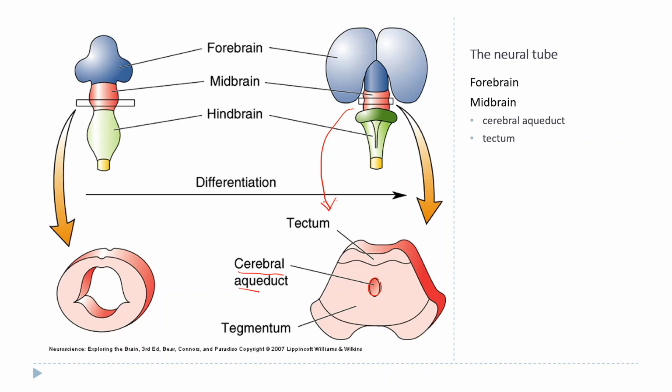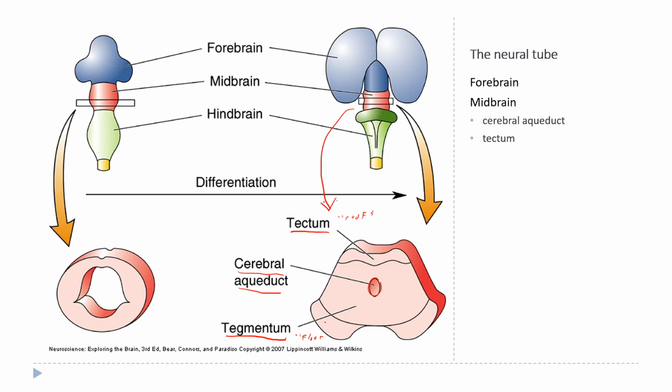I guess it's not big enough to warrant the name ventricle, but it really is just a small part of the ventricular system. And then the upper or dorsal part of the neural tube at this point we call the tectum. The word tectum literally means roof. And then tegmentum along the bottom, or the ventral surface, and the word tegmentum actually just means floor.